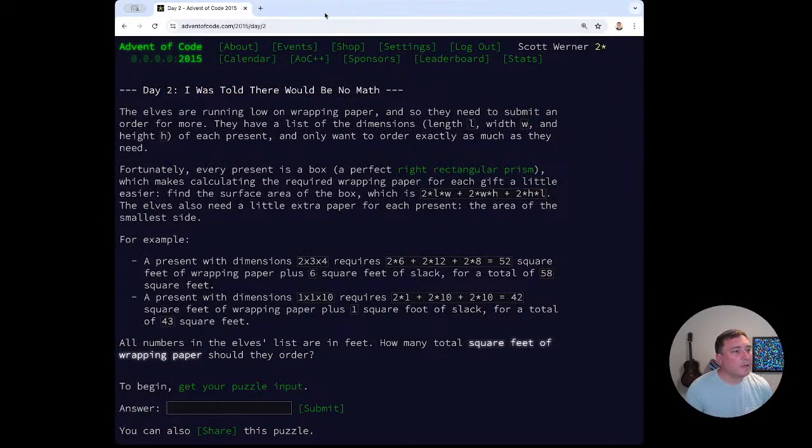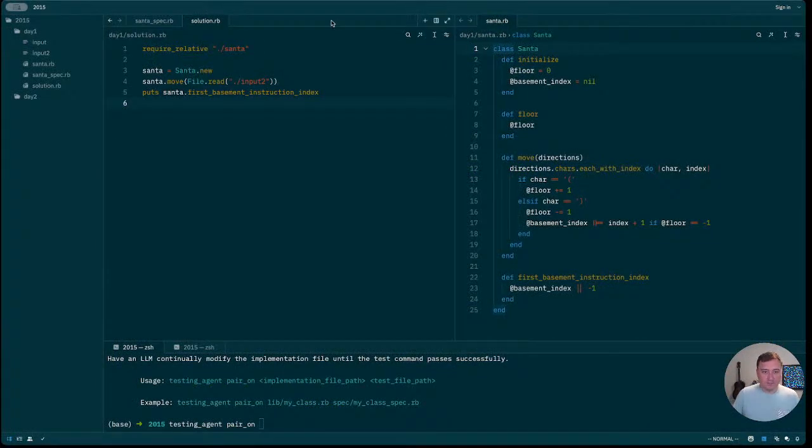So we're going to get a list of presents, a list of dimensions of each present. Submit an order for more. Only want to order as much as they need. Okay, so we're going to have presents that have dimensions, and we need to know how many square feet of wrapping paper we need. So it seems like a good start.